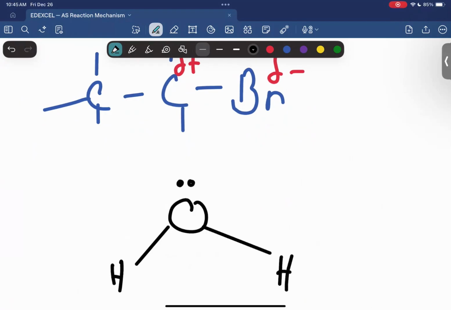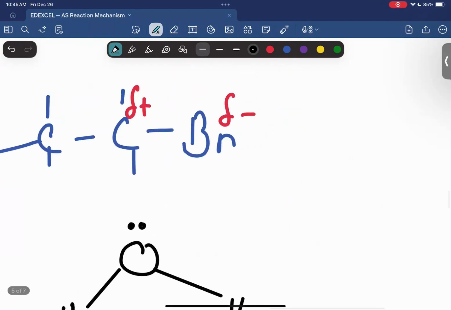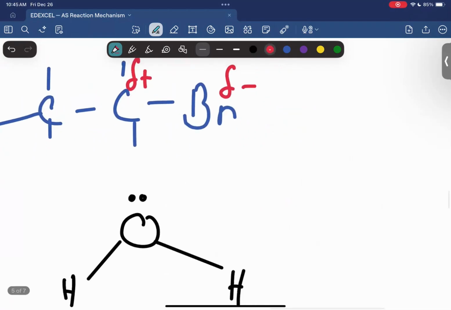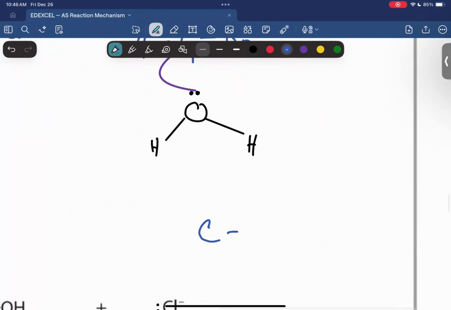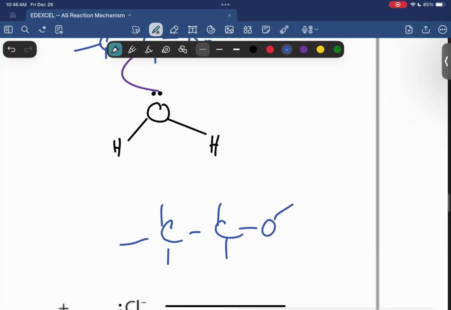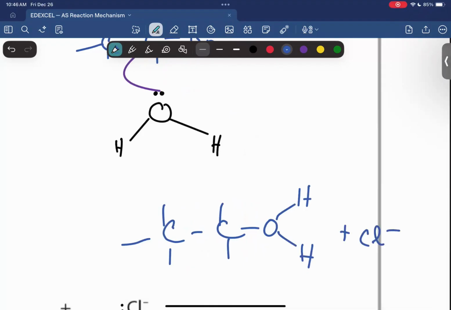And as it has lone pair of electrons, it could act as a nucleophile as well. So what it could do is donate the lone pair to this carbon and the bond could then break, okay? Now, it would lead to the formation of this compound, and this is going to lead to the formation of this O, H, H, right? And plus Cl minus, okay?